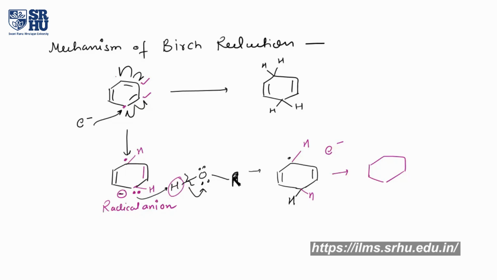Now in the second process, the electron arrives at the later position, the para position with respect to the first protonated carbon, and it again forms a radical anion. Okay, it again forms a radical anion.